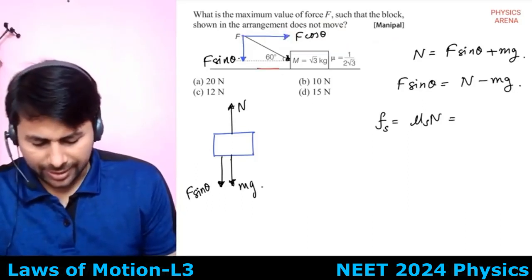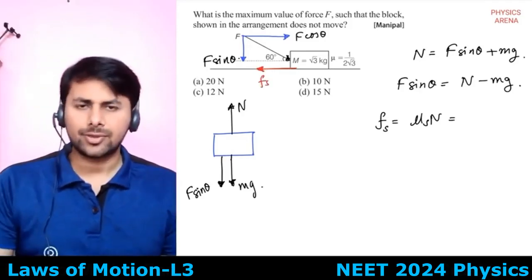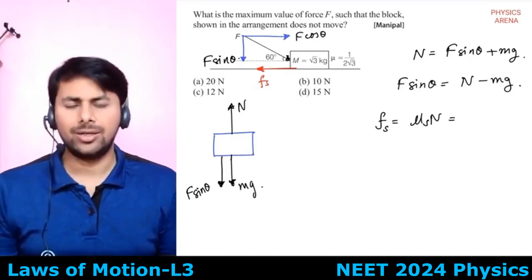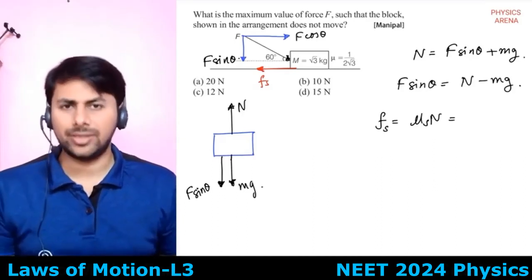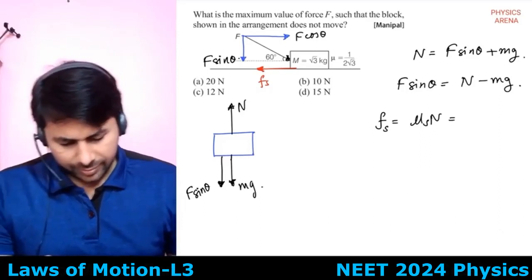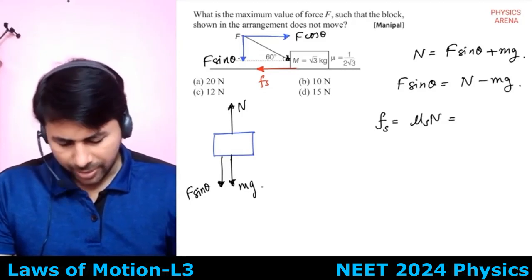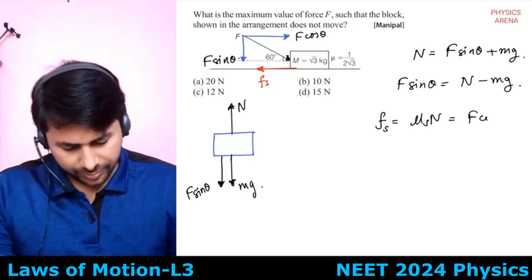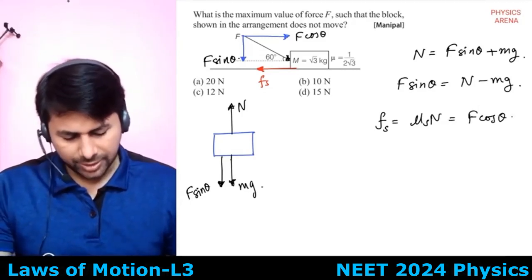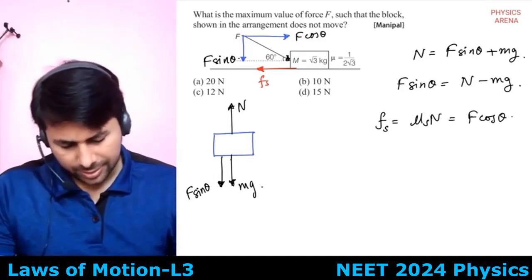So frictional force will act in the opposite direction. This is Fs. Not moving means Fs is equal to F cos theta, or F cos 60. And from this one you can find out normal reaction.